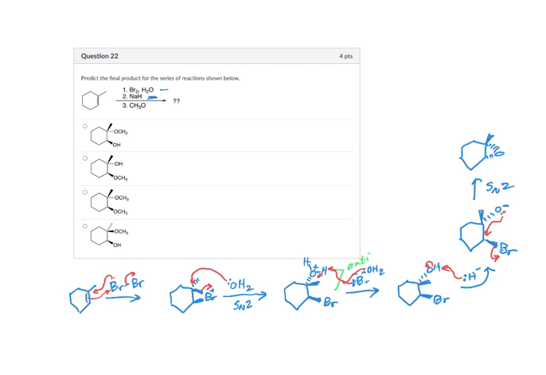Now the last step here is the reaction of that epoxide with methoxide. So now we have a strong nucleophile, a basic nucleophile. And so we already know that when that reacts with an epoxide, it opens up the epoxide ring from the less substituted side.